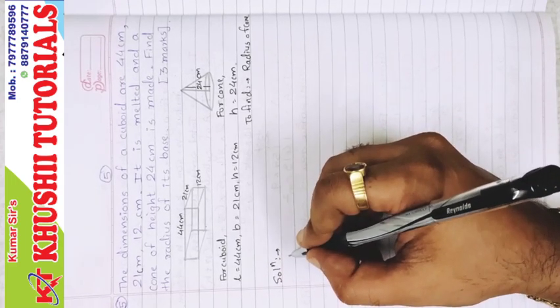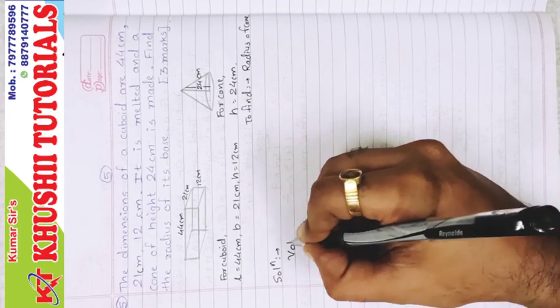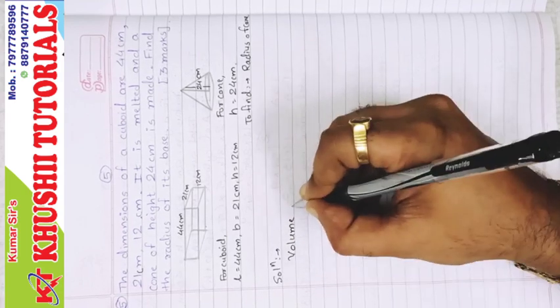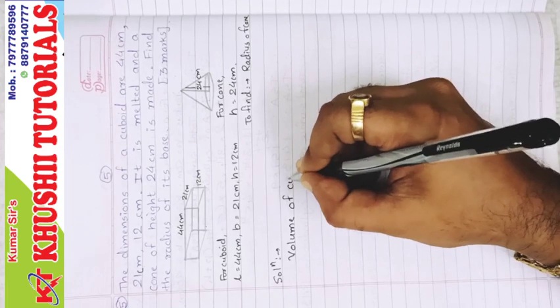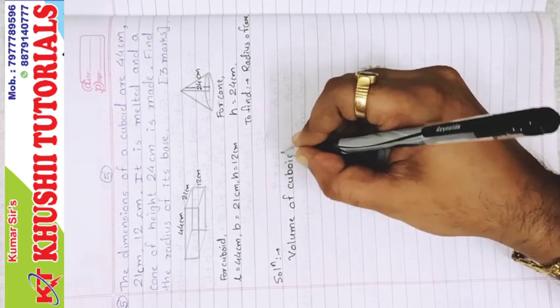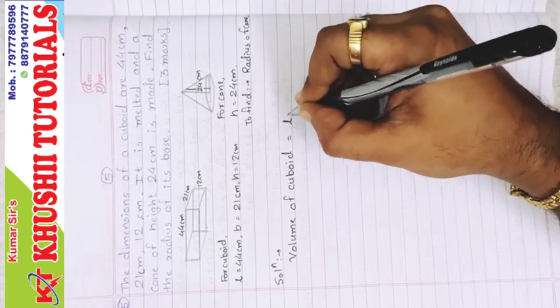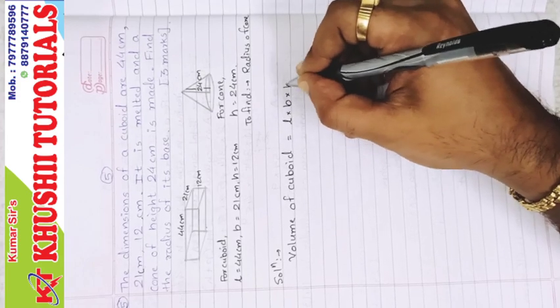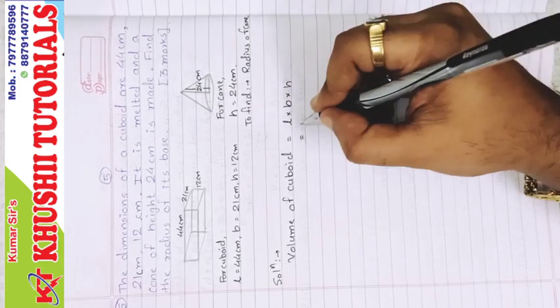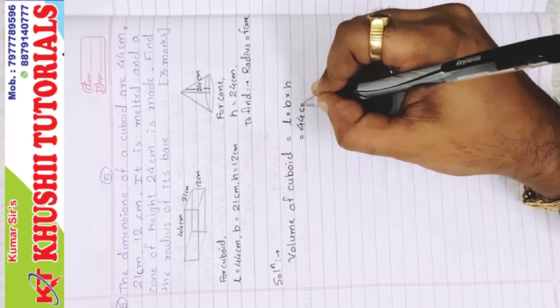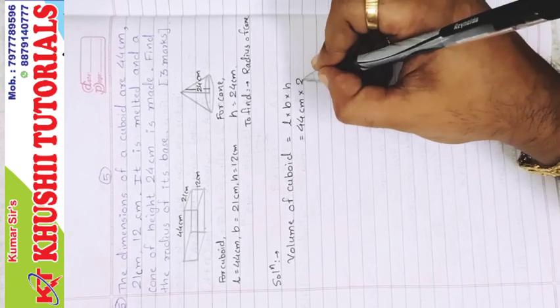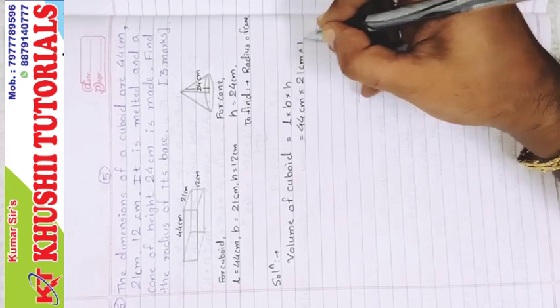First part, volume of cuboid. The volume of cuboid formula is L into B into H. Length 44 centimeter, breadth 21 centimeter, and height 12 centimeter.